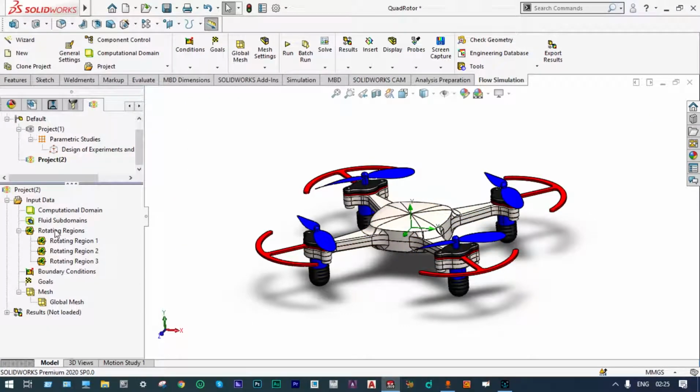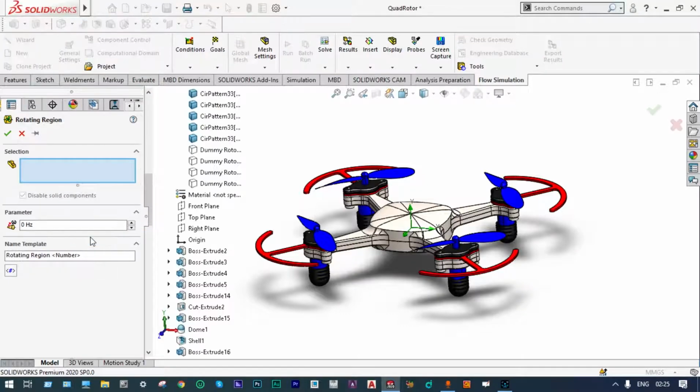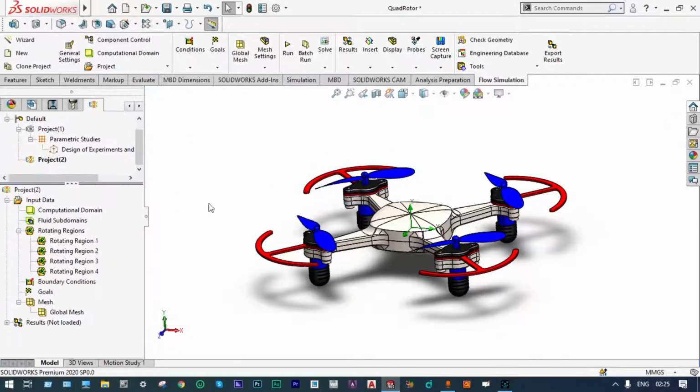Now the last one is remaining, rotating region again, insert rotating region. Again that one will be rotating with -5000 RPM, which corresponds to -83.33 Hz. Done. So we have provided the dummy spaces for rotating regions instead of these propellers.